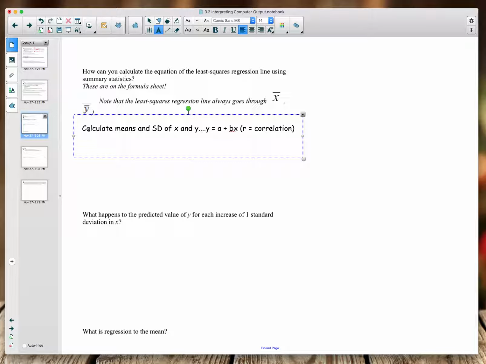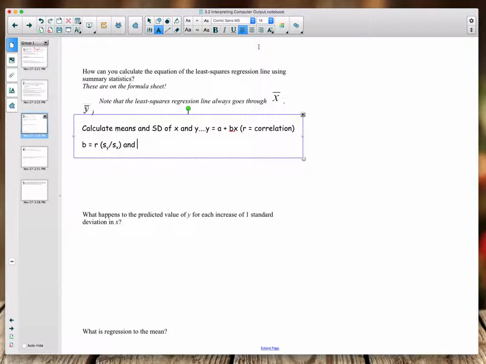So the first thing is you find your slope first. And so that is going to be your correlation times your standard deviation of Y divided by your standard deviation of X. Okay, so that's your formula for finding your slope.